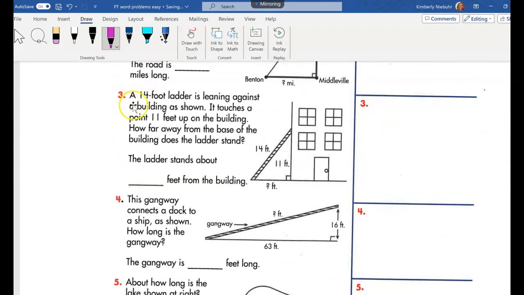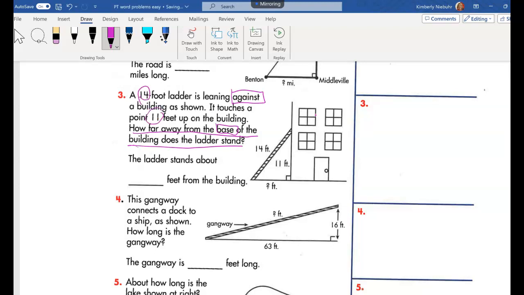Number 3, a 14-foot ladder is leaning against, let's box that in, a building as shown. It touches a point 11 feet up from the building. How far away from the base of the building does the ladder stand? Base is important, so boxing in that word. And here's the question, how far away from the base of the house does the ladder stand? Circling numbers.